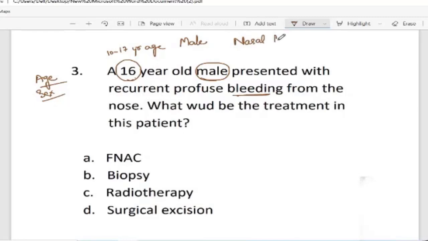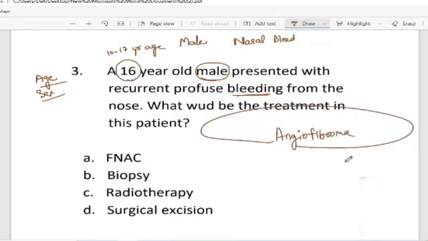If a patient is presenting with nasal bleed, a 10 to 17 years age group male person, always think of what? Angiofibroma. There could be nothing else. A patient in the age group between 10 to 18 years with nasal bleeding, and the patient is a male, then 100% it has to be angiofibroma.